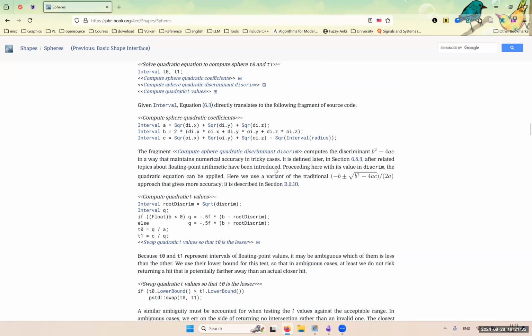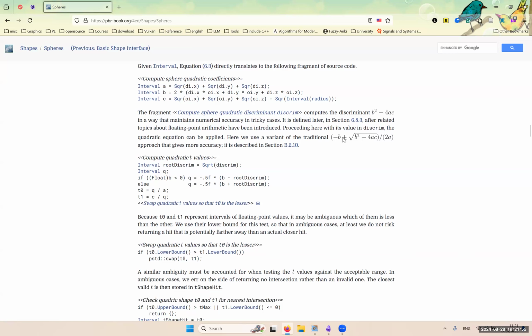But we use a variant of the traditional approach that gives more accuracy. So they do something different from the traditional approach to improve accuracy.